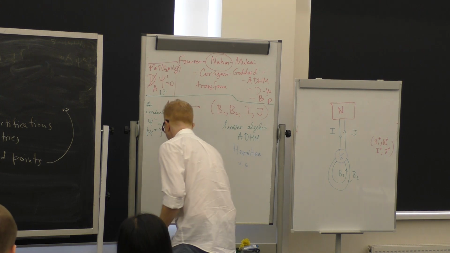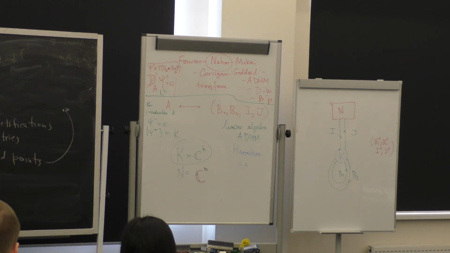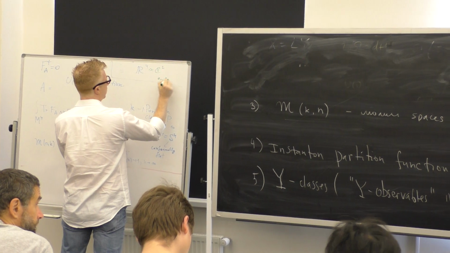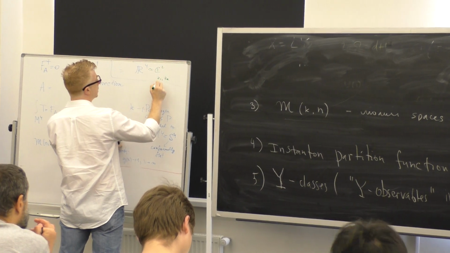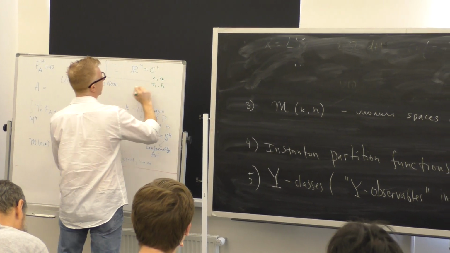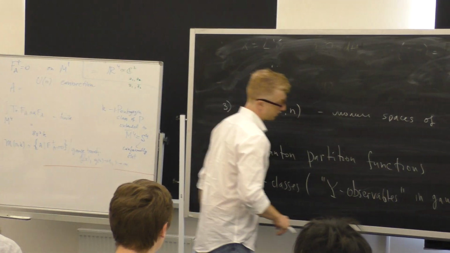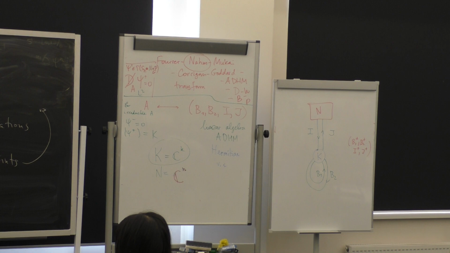And then when you have such a solution, you can multiply it by the coordinate function. So let me choose some complex structure on R4. Let me denote by Z1 and Z2 the holomorphic coordinates, and Z1 bar and Z2 bar are the conjugates.